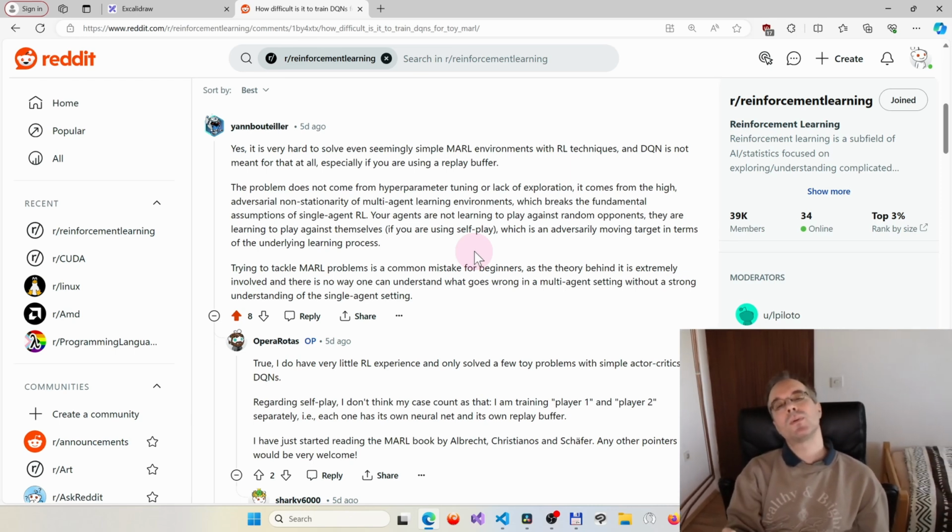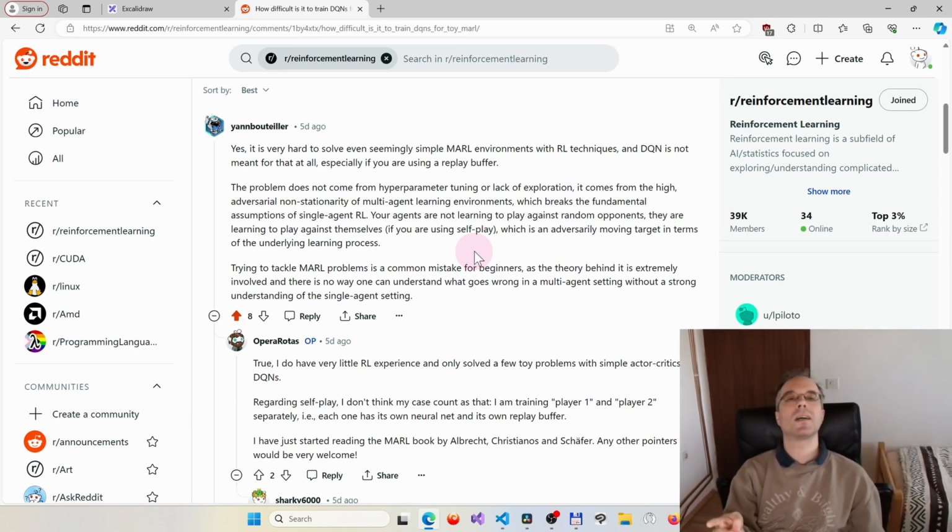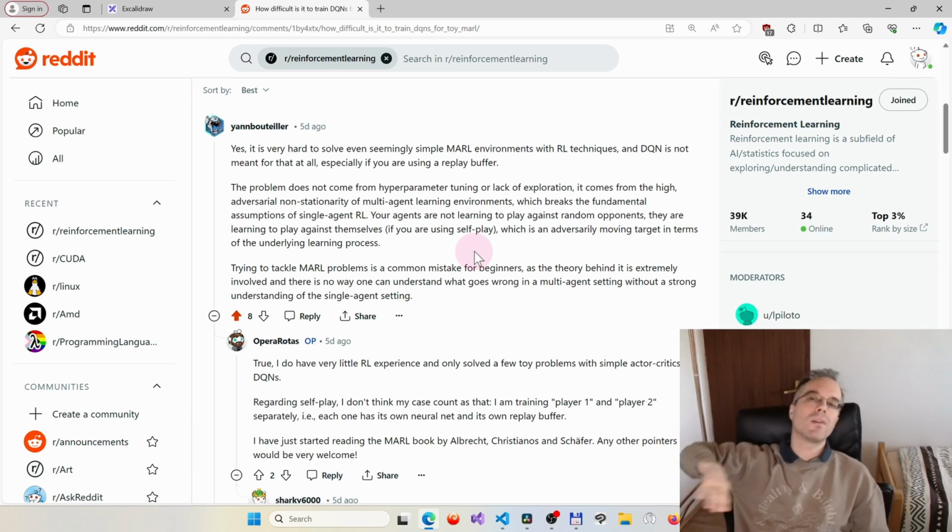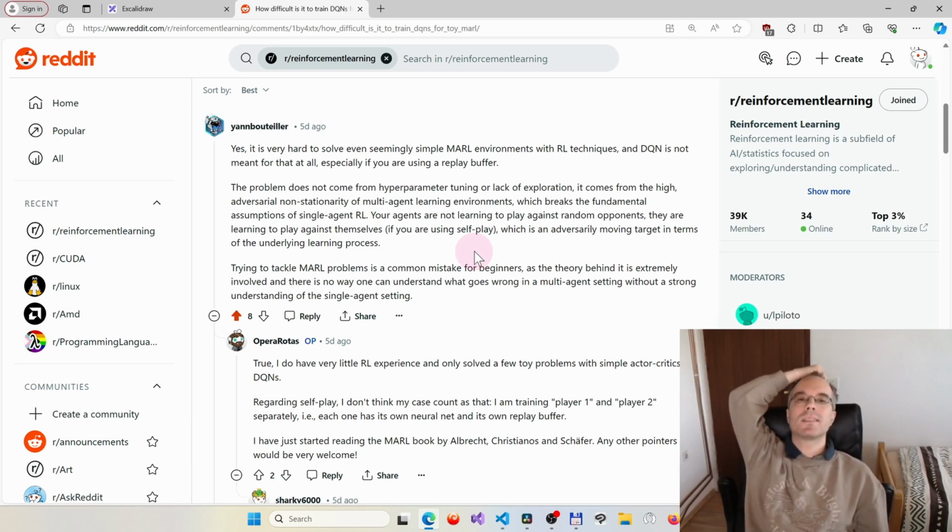Then its opponent will learn to play rock 100% of the time. Then the other agent would learn to play paper 100% of the time. And then the other player would learn to play scissors. And that would go around in an infinite circle, as the agents cycle through all the available strategies.